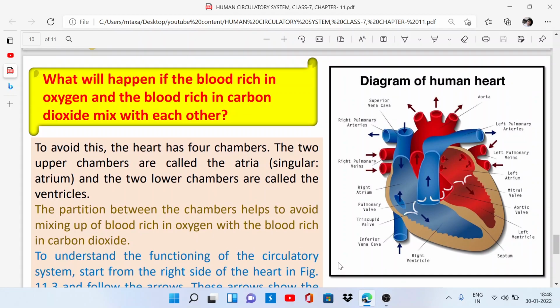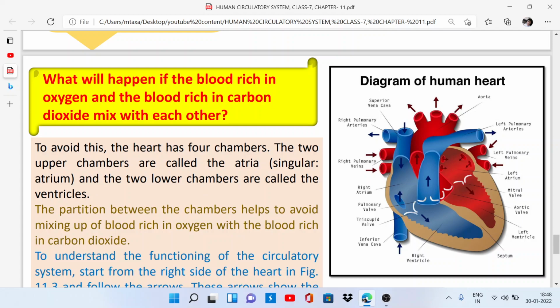Here, Buju has a question in his mind. What will happen if the blood rich in oxygen and the blood rich in carbon dioxide mix with each other? So, the answer is simple, because we need energy to perform different life processes, and we get this energy when our food reacts with oxygen.